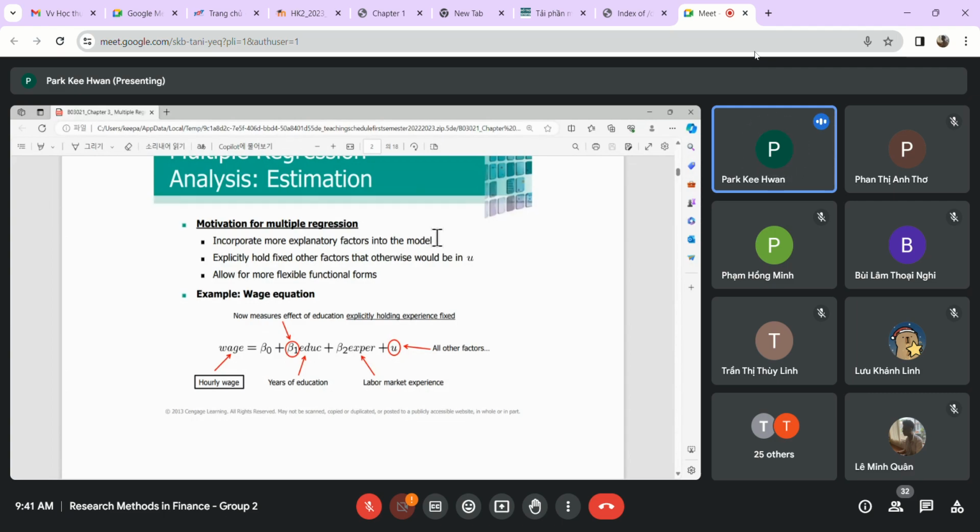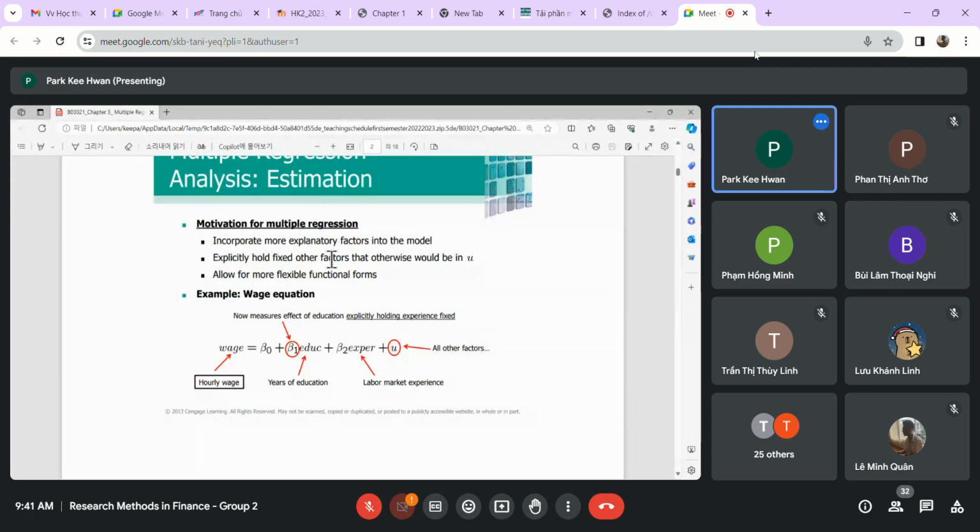Second good thing is by having multiple regression, we can explicitly hold fixed other factors.